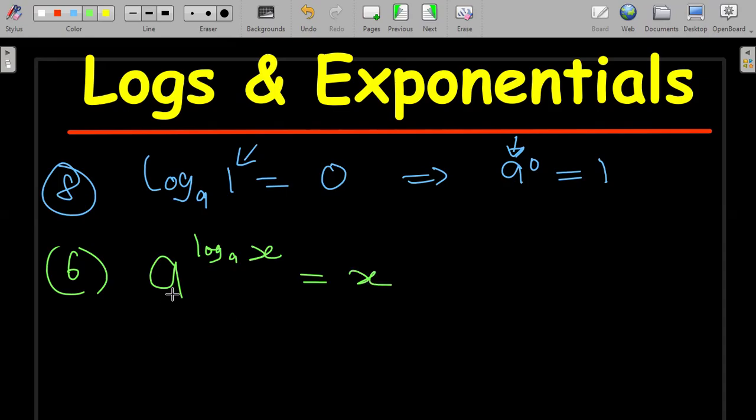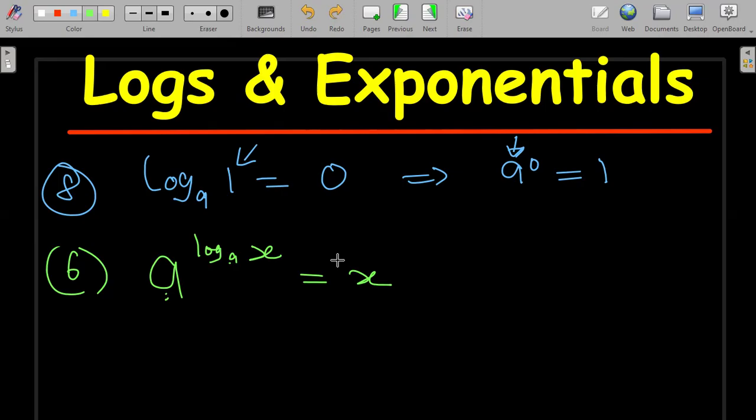If I have a, and then a log which has a base a, this part cancels out, and it just becomes x. So whenever you see this situation, we're just going to say this is the same as x.